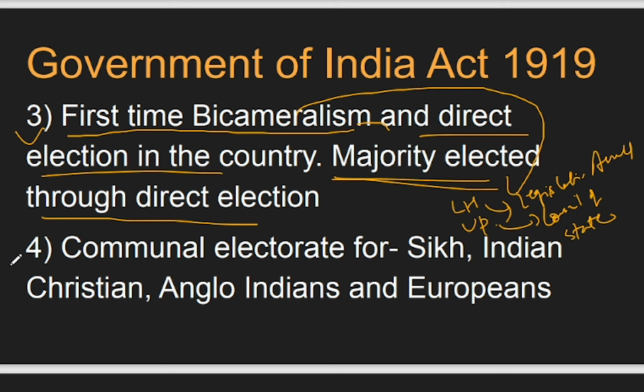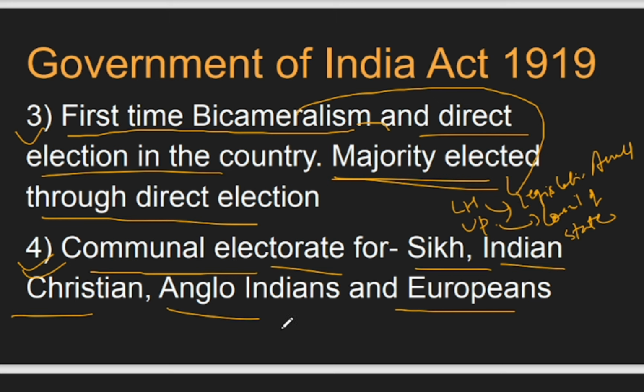Now, the fourth point says that through this act, communal electorate came for Sikhs, Indian Christians, and Anglo-Indians, as well as Europeans. We saw in the previous act, the Indian Councils Act of 1909, the first time communal electorate came in the form of Muslim electorate, right?